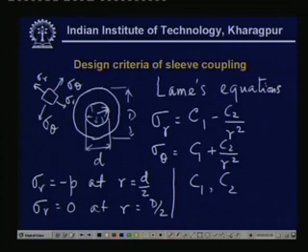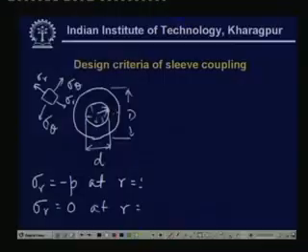Now, whenever there is interference fit, then the problem is a little complicated. There you cannot get P directly, but you will have to use the kinematic relationship. In case of interference fit, suppose the initial diametric difference between the shaft and the slip is delta.